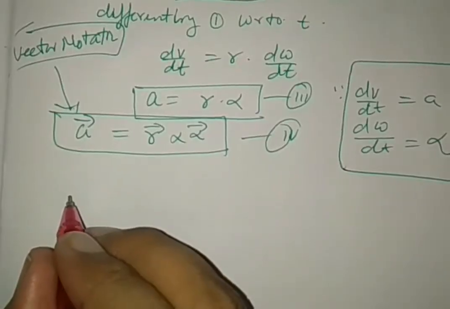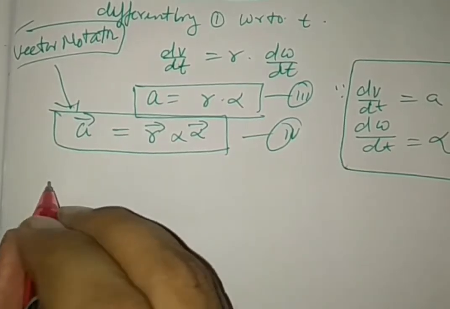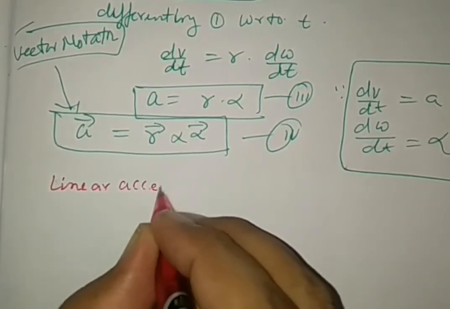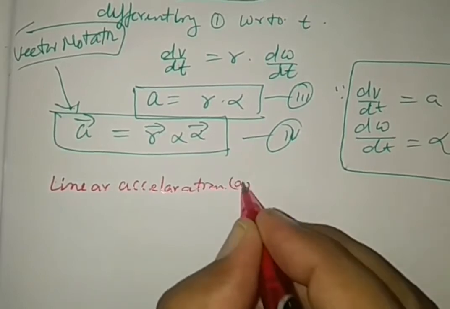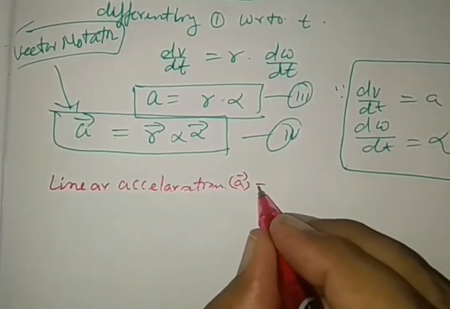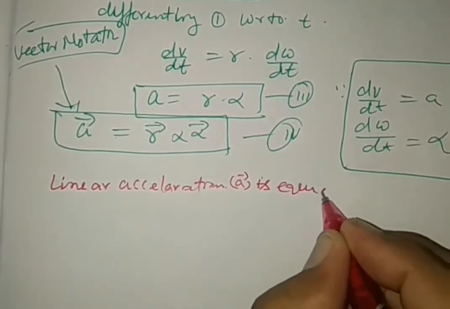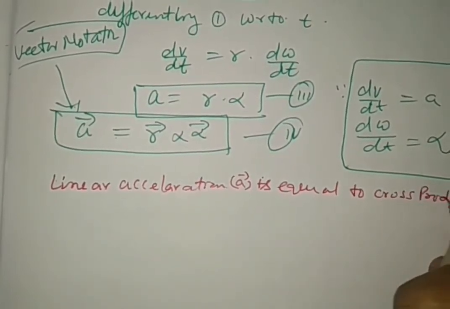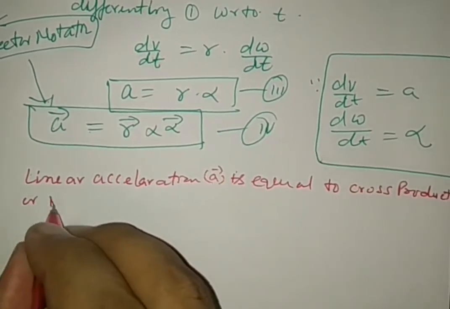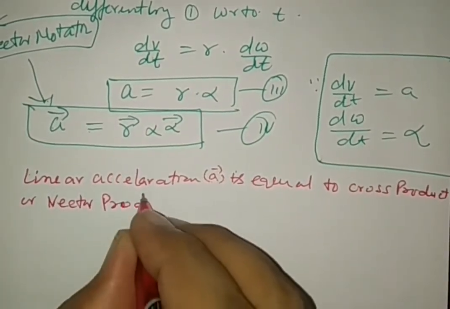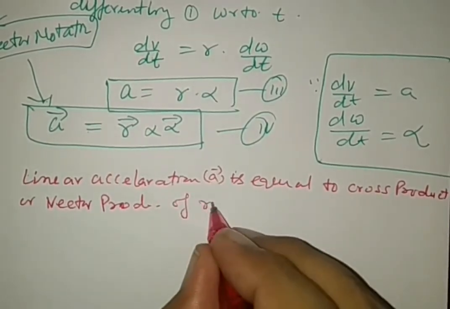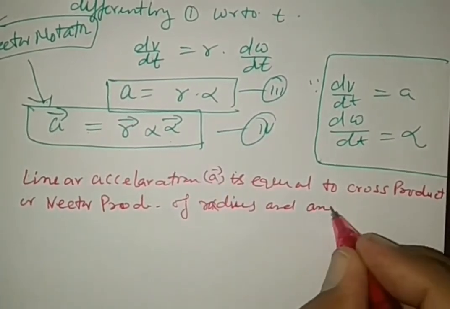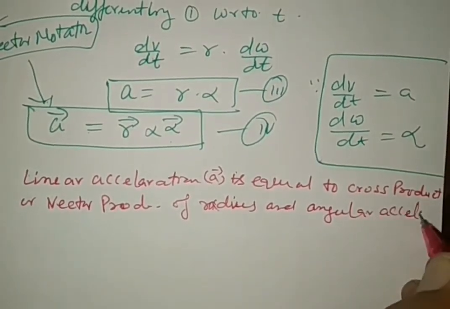So we may define linear acceleration. What is linear acceleration? a is equal to, this is a cross product, or it is also called vector product, of radius and alpha, the angular acceleration.